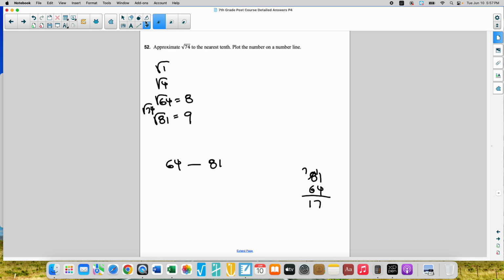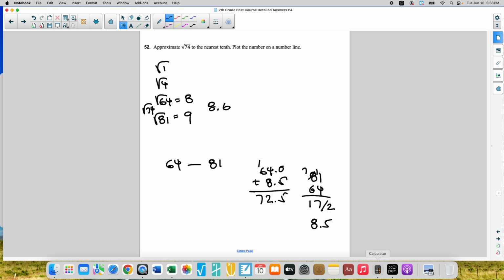If I take half of that, if I divide that by 2, I get 8.5. So if I add 64 plus 8.5, we're going to get 72.5. So 74 is more than halfway. So I'm going to say 8.6 would be a good approximate value to the nearest tenth.